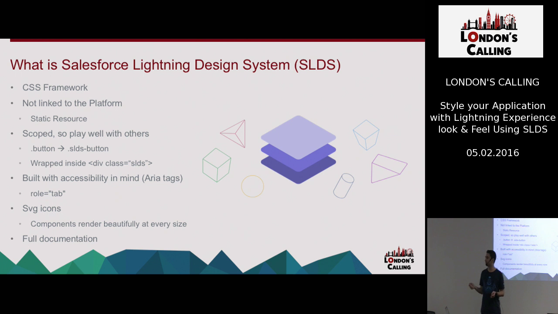Here it is SVG. That means that it's not a picture, but something that is generated by the browser, which means that you can display an icon really small or really big. It will be displayed beautifully each time. So that's a really great thing. That's nice when you want to build a page or an application that will be displayed maybe on a tablet, maybe on a phone, maybe on the desktop.